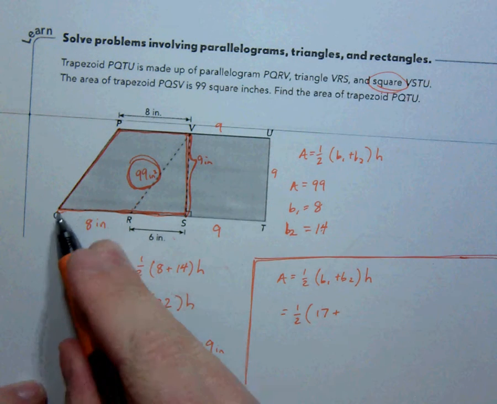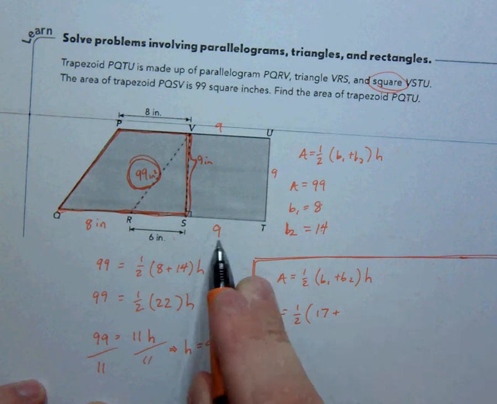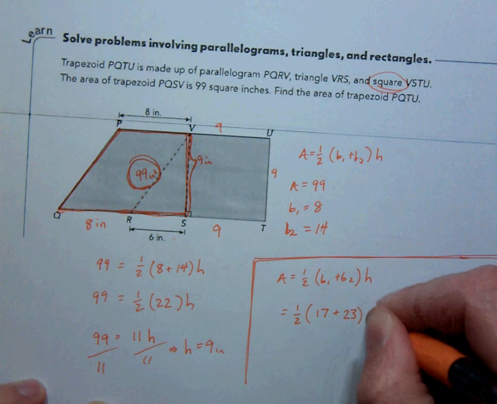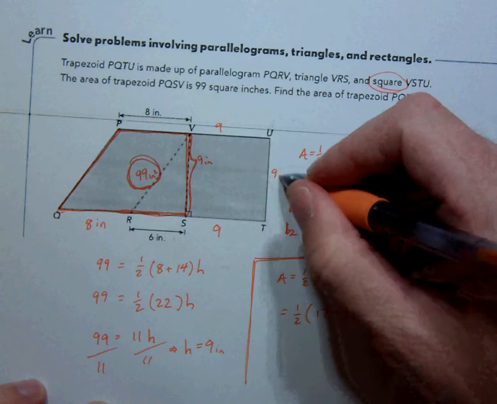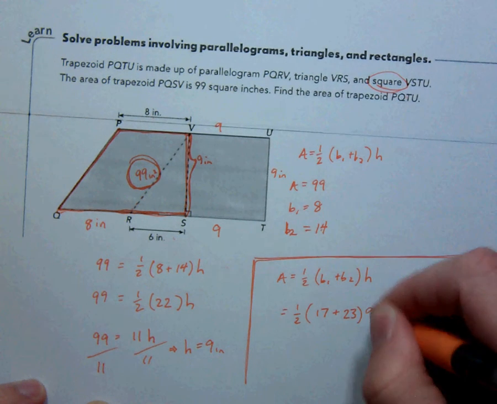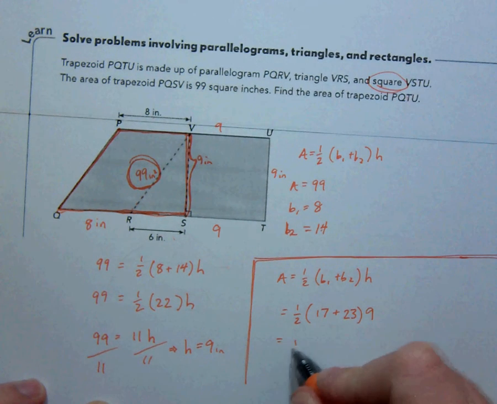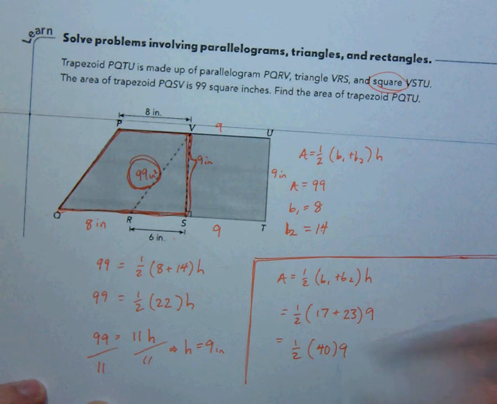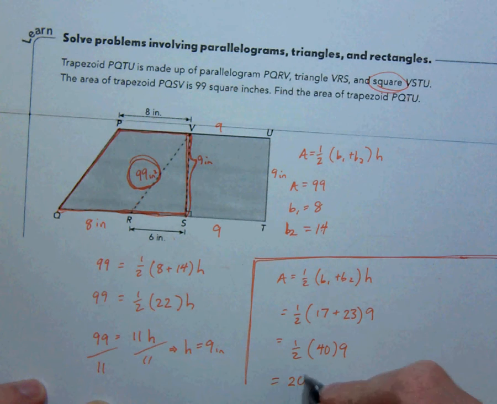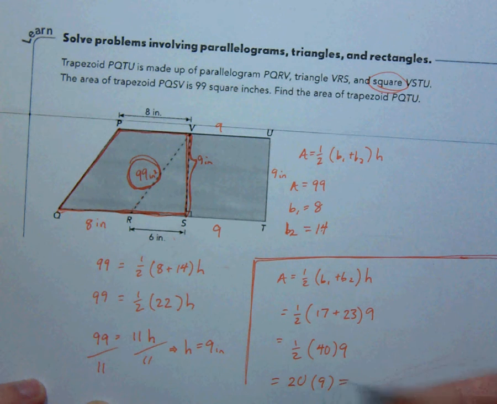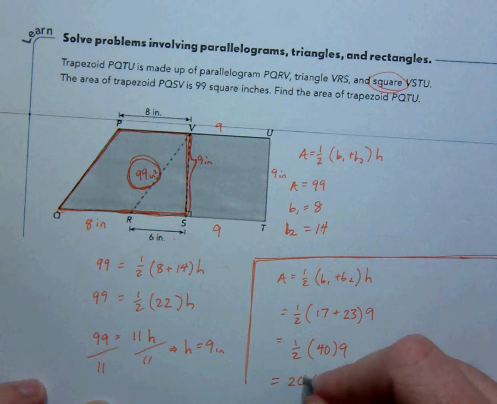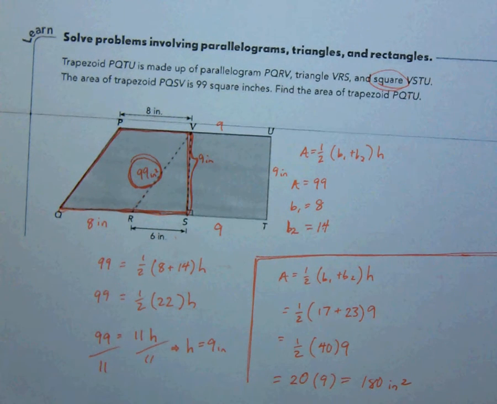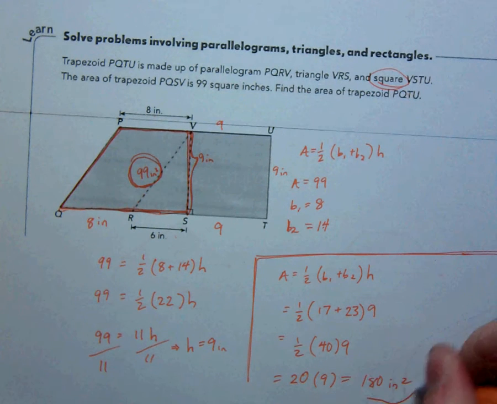Plus the whole bottom, 8 plus 6 is 14, plus 9 is 23. Times the height, which is 9. So this is equal to 1/2 times 17 plus 23 is 40 times 9, which is equal to 20 times 9, which is 180 inches squared, which isn't too difficult to do, but I have an easier way.